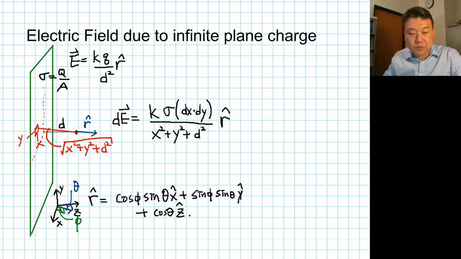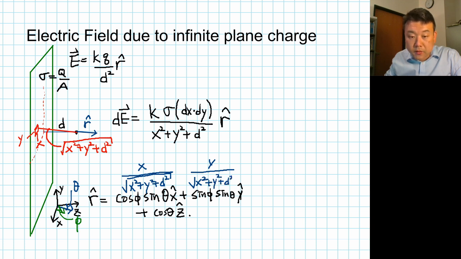So let me give you the x component first. The x component is x over square root of x squared plus y squared plus d squared. It's a surprisingly simple expression. And the same thing for the y component. It's y over square root of x squared plus y squared plus d squared.